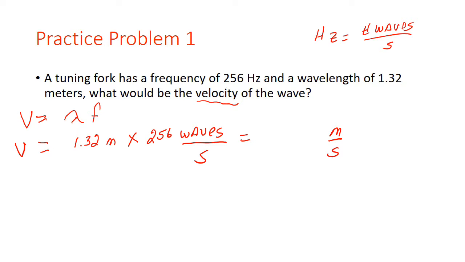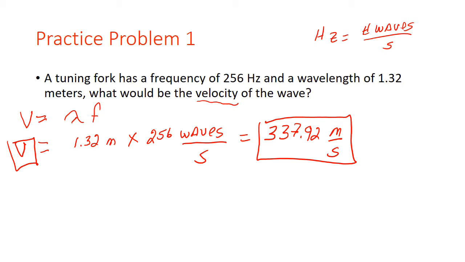And now we just need to do the math. So when I take 1.32 times 256, I get 337.92 meters per second, which is a measure of velocity, distance over time. So you just got to remember that hertz is actually the number of waves in 1 second.